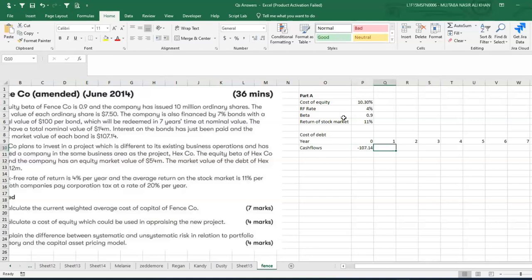And every year you will write the interest after tax. What is the interest rate? 7% bond. And its after tax value is, tax rate is 20%, after tax value is 5.6. Plus, if nothing is mentioned, this bond will be redeemable at par.